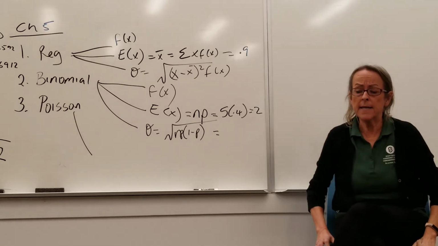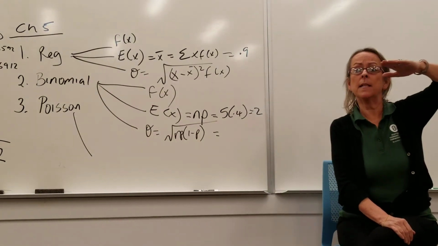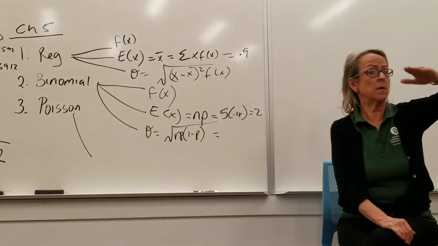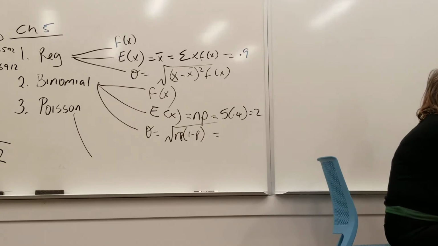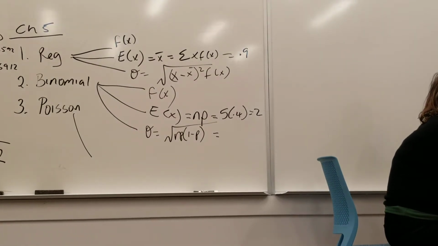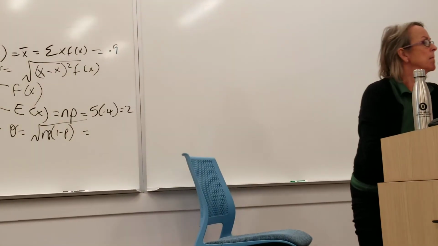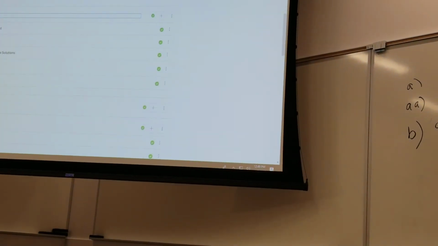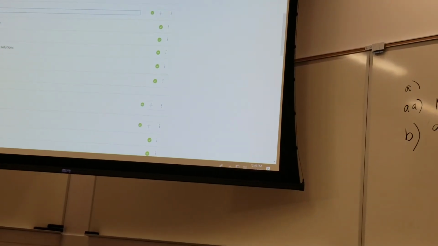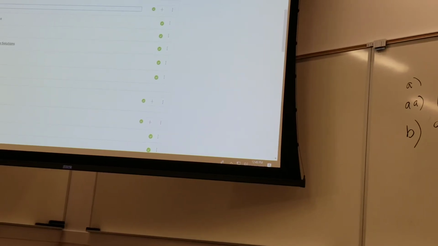There's also in Canvas, as I said, in chapter 6, the handout I gave you in class that we worked on, that's there if you want to practice it again. I have added some extra practice questions for chapter 7, and the answers are there.